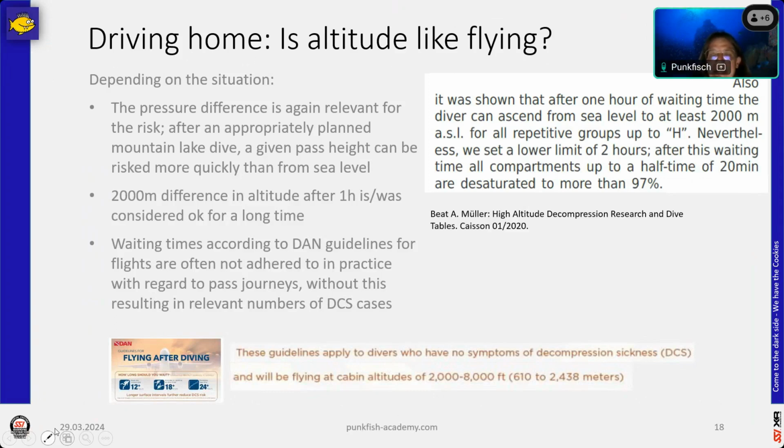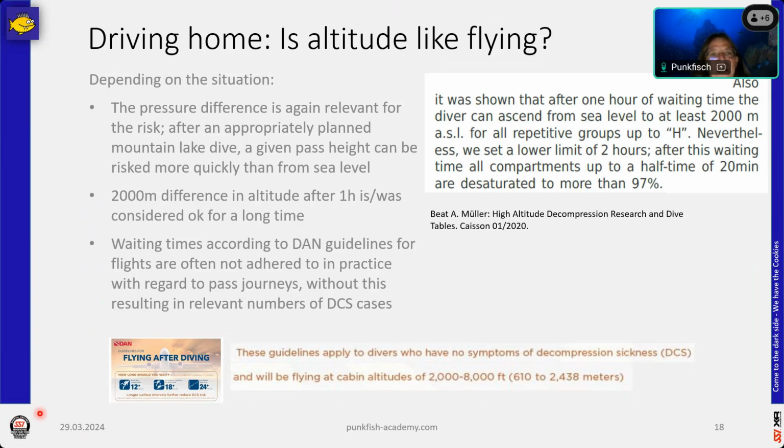A lot of the time, to get away from this nice little mountain lake, we have to drive even a little bit higher than where we have been already. So we have to cross a pass to come back to our hometown. That's very normal. It's not always like this, but it's a very typical situation.